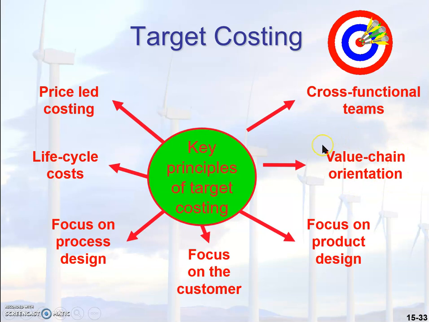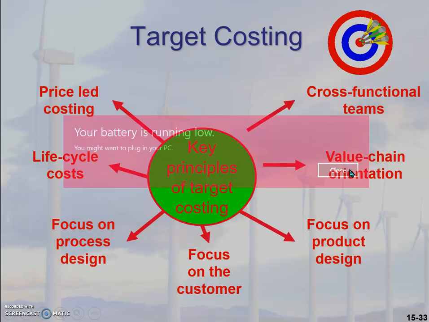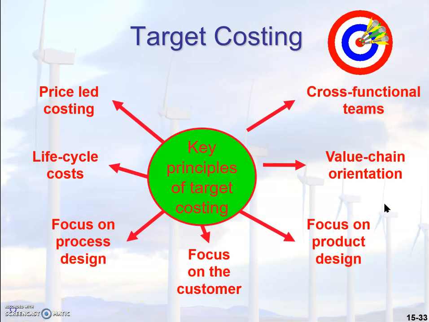Starting off with the design, and then getting the supplier, getting the raw materials, and then the focus is on product design. The focus of target costing will be on the product design because it will affect the targeted cost.